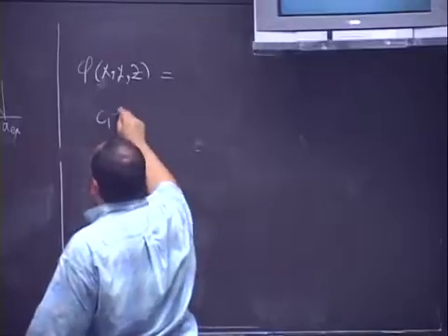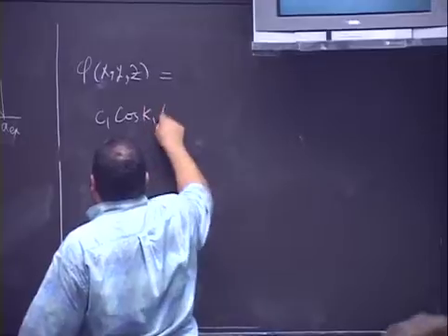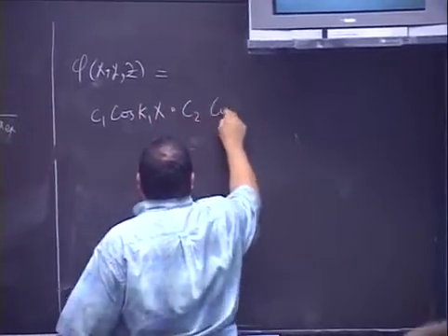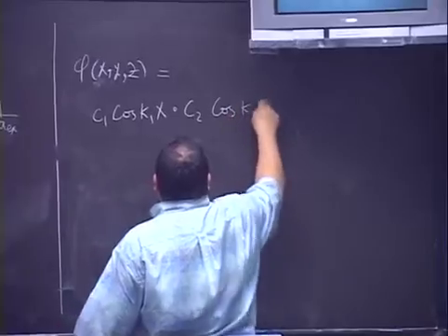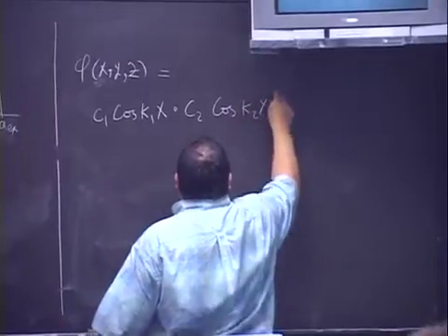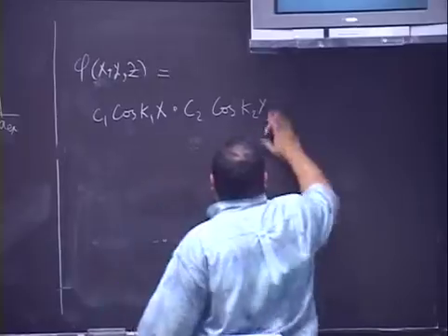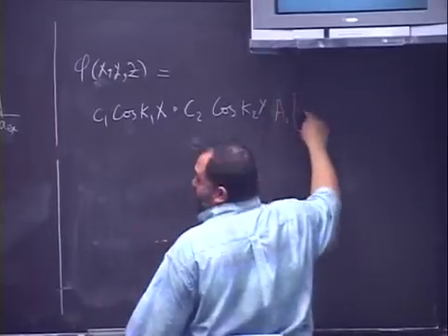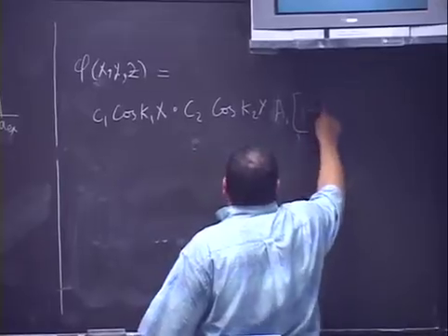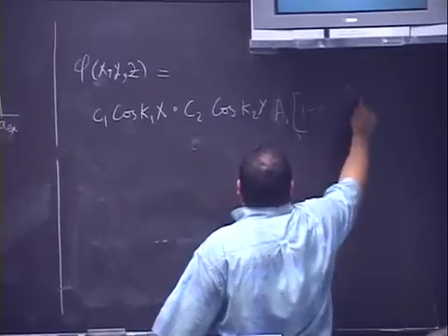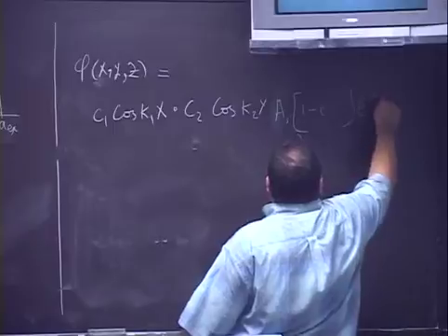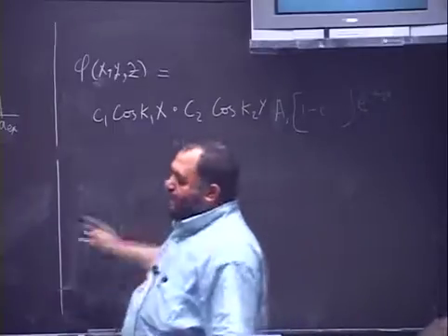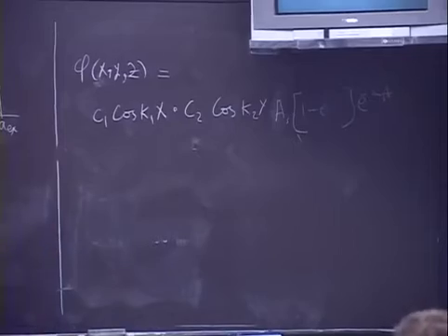C1 cosine k1 x multiplied by c2 cosine k2 y multiplied by this function here: a3 multiplied by 1 minus e to the power of and so on, multiplied by e to the power of minus k3 z.